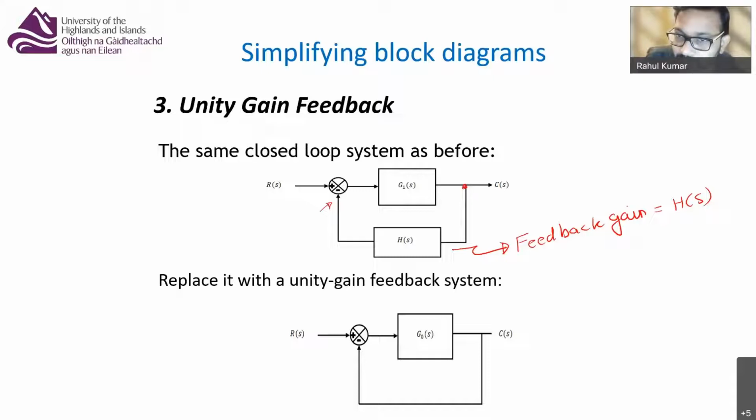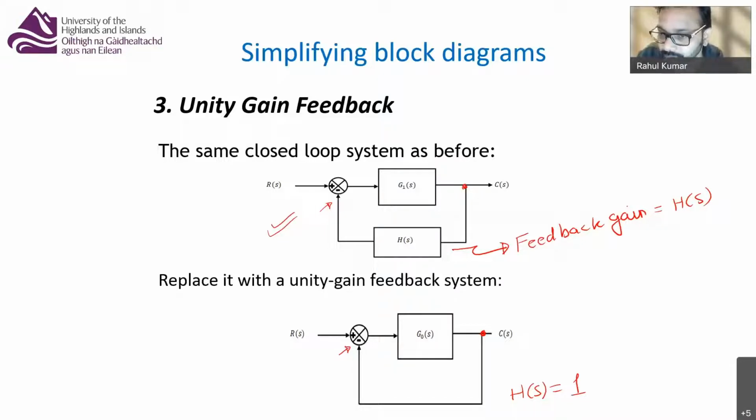But in the case of unity gain feedback, your feedback gain is 1. H of s is 1 in this case. That is, you are simply connecting your output back to the input, without changing anything. Now in the first case, you were multiplying it with H of s, modifying the output signal.